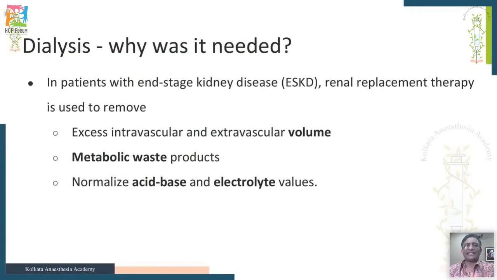Why was it needed? As I said, it would be because of these reasons. Volume is possibly the greatest thing, the most common indication. Rising urea, rising creatinine, acid-base disorder and electrolyte values, acidosis, renal tubular acidosis, and hyperkalemia could be the main reason. So what was the reason?